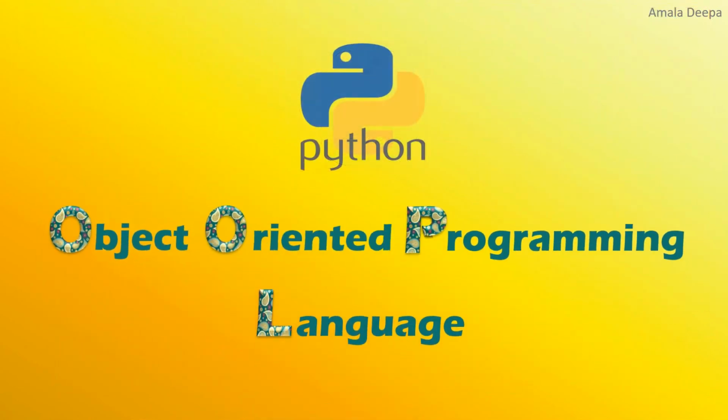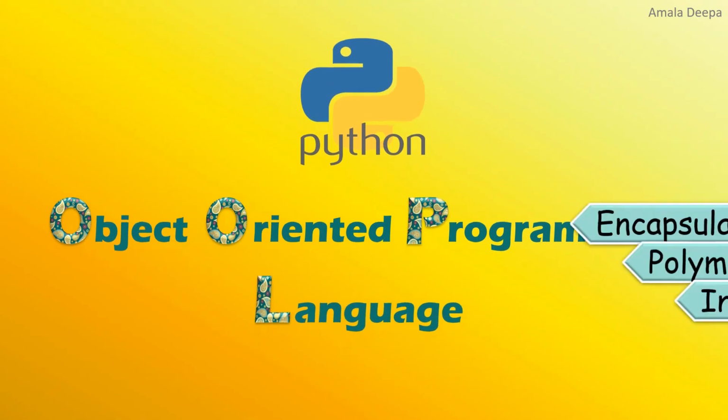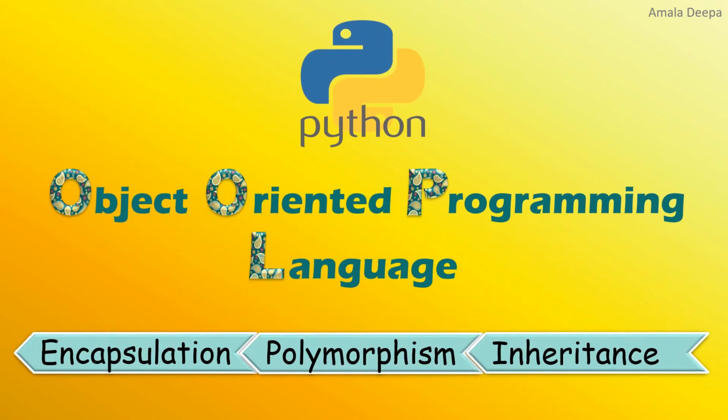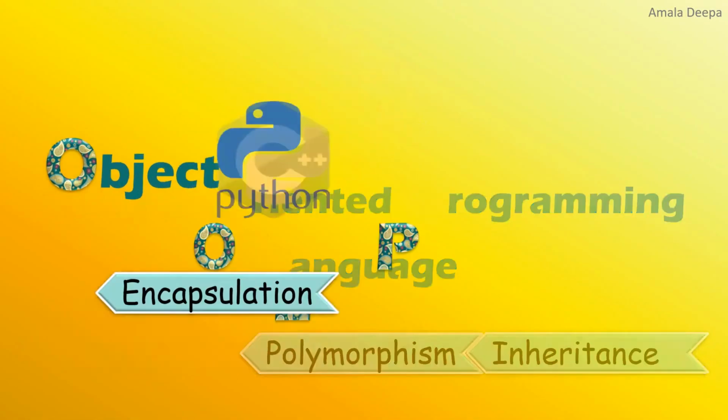Python is an object-oriented programming language, which means Python follows the principles of encapsulation, polymorphism, and inheritance. What is an object in object-oriented programming?